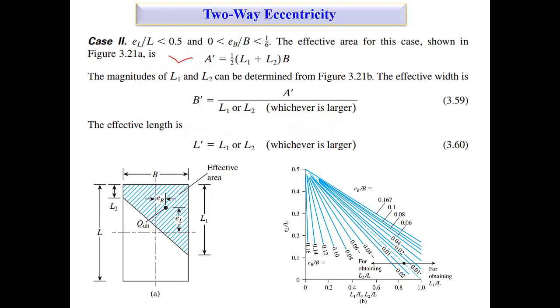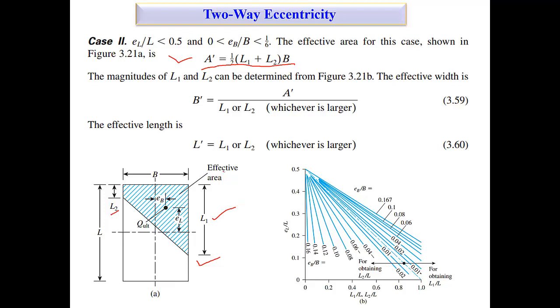There are several cases. If the ratio is less than 0.5, and if the ratio of EB by B is between 0 to 1 by 6, then it looks like a trapezoid. That's why the area formula is trapezoidal. And L1 and L2, here you can see this is L2 and L1.